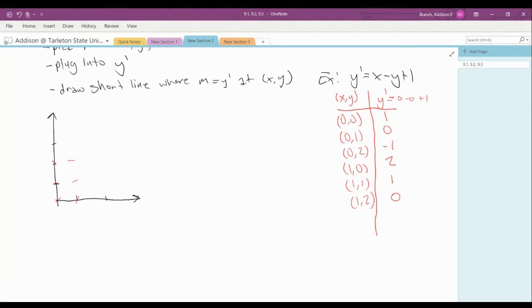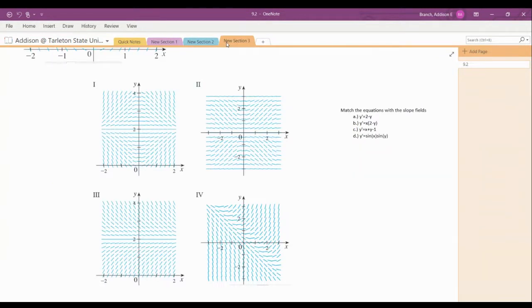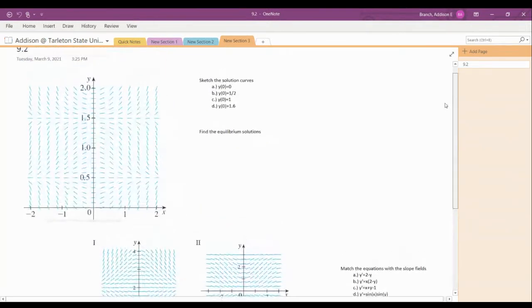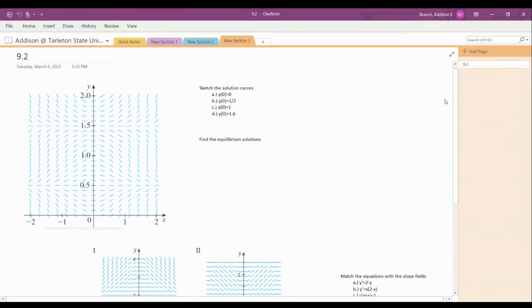It can be kind of tedious, so if you're doing everything by hand, you can just draw by following along. For example, right here, we're just going to do a couple, not all of these. We have one that says sketch the solution curves for these points, and they give us some options.